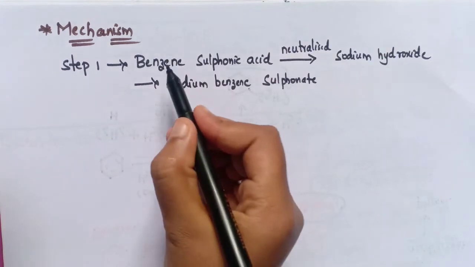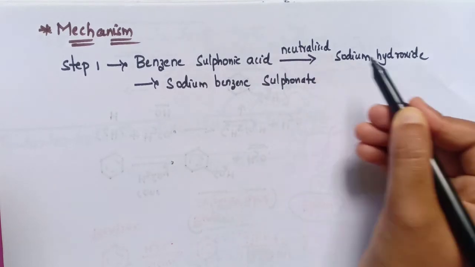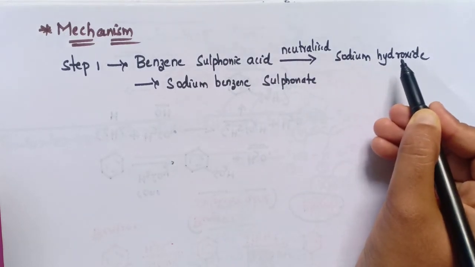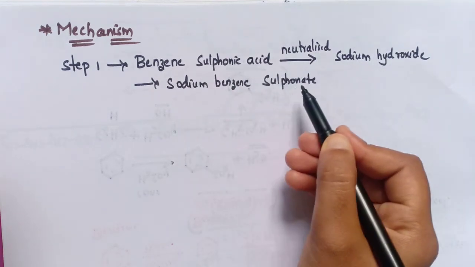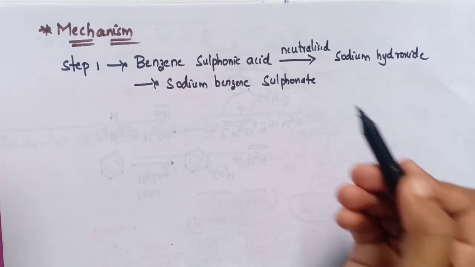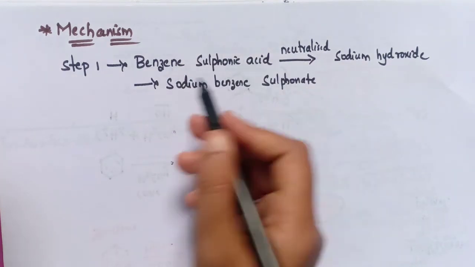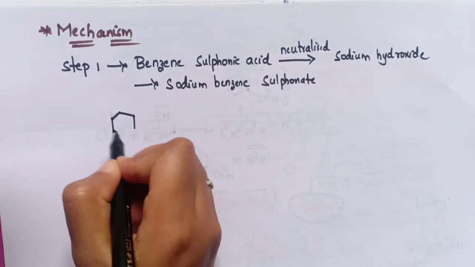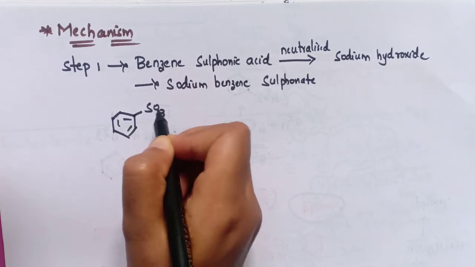Here the benzene sulfonic acid formed from benzene is neutralized with sodium hydroxide. Then we get sodium benzene sulfonate. So let's see this first reaction. It is the benzene sulfonic acid, that is SO3H.